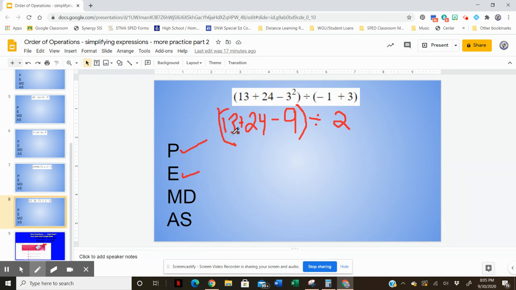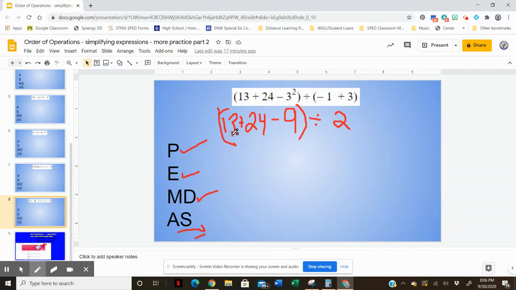My next step, I'm going to look, do I have any multiplication and division? I don't. No multiplication, division inside the parentheses. But I do have addition and subtraction. I happen to have them both. Both are equal, remember. So we're going to run from left to right when we solve them.